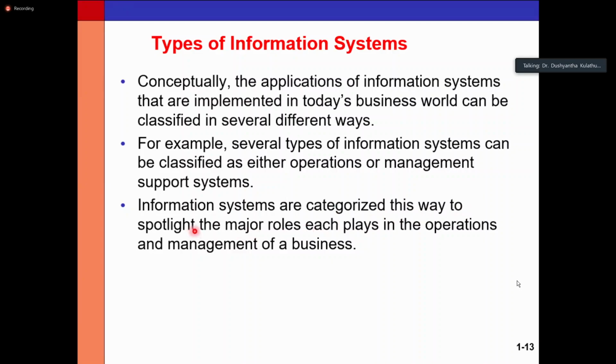They are categorized to highlight the major roles each plays in the operations and management of a business. These specific categories play specific roles of an organization in relation to their operations and in relation to the management of the business. That is why the two major classifications have been identified: operation support systems and management support systems.